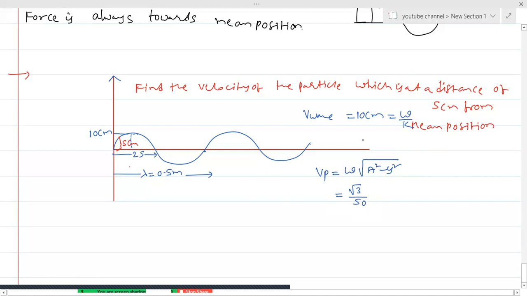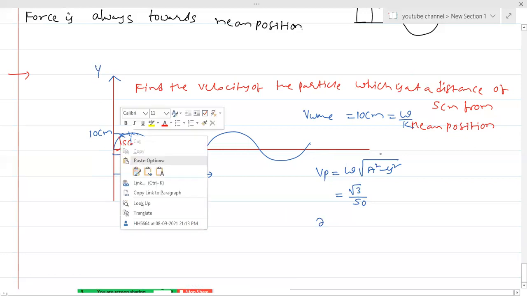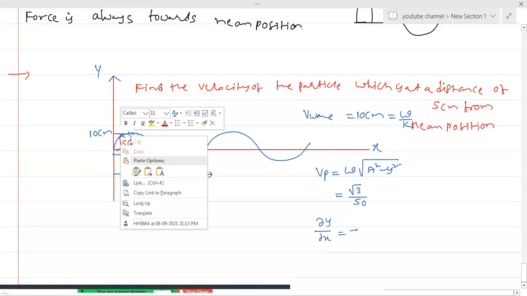In the 25 centimeters, we need to discuss a position at 5 centimeters. So that means the particle may be located here. Suppose the particle is located here. In that case, we will observe that if this is a yx graph, then dou y by dou x is positive.